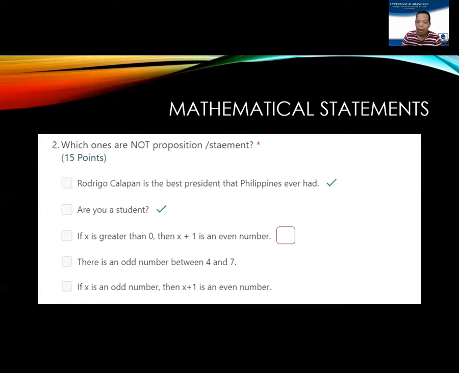If the statement goes like Rodrigo Calapan is the president of the Philippines, definitely this is a statement, a proposition, a false proposition. However, because of the word best, we cannot decide whether the statement is true or false.